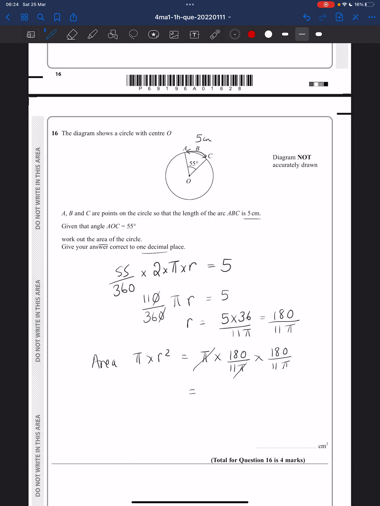So it's going to be 180 times 180 divided by 11, divided by 11 again, and then divided by pi. And it's 85.23, etc. So it's 85.2 to one decimal place.